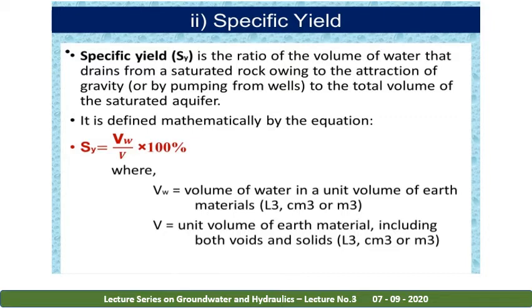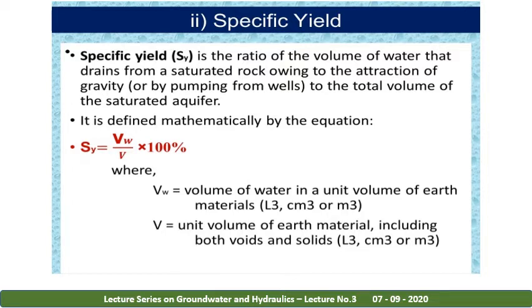Specific yield is nothing but the volume of water relative to the total volume of the saturated aquifer. In the previous class we discussed what a saturated aquifer and an unsaturated aquifer are. In a saturated aquifer, the percentage of water drained from a particular region is called specific yield.